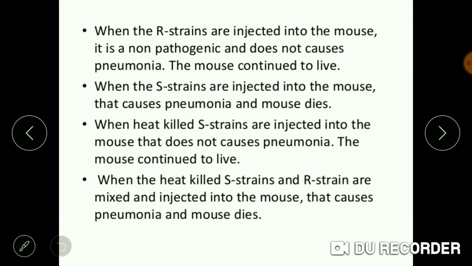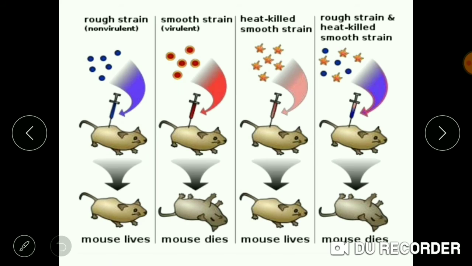He concluded that certain transformation has been brought about by the combination of rough strain with heat killed smooth strain.